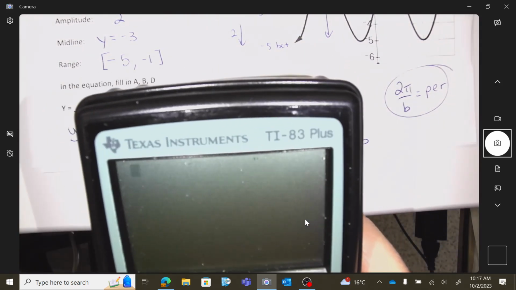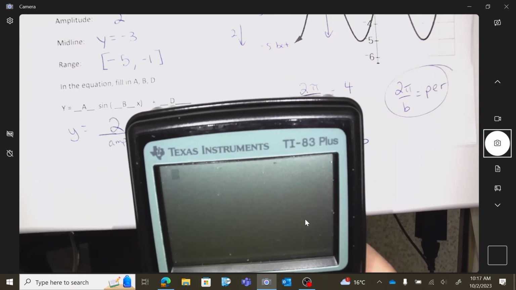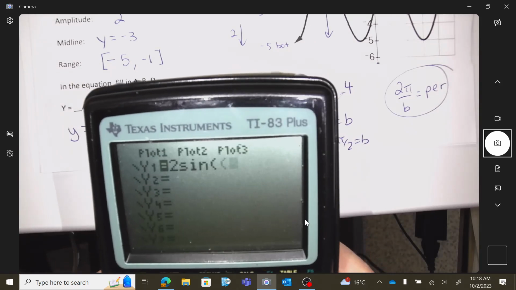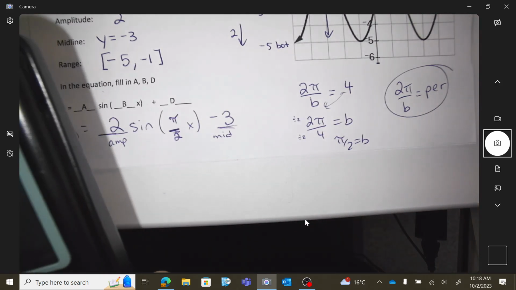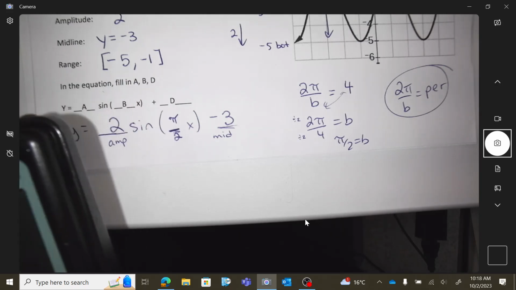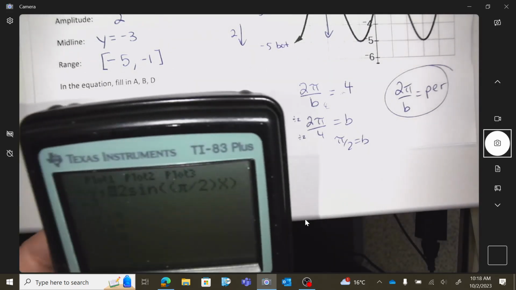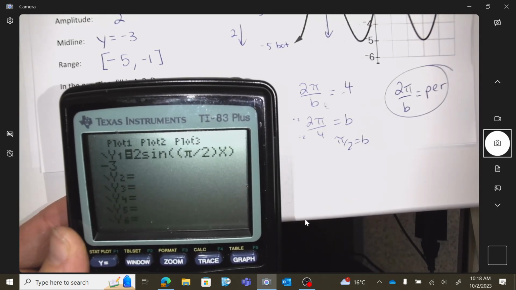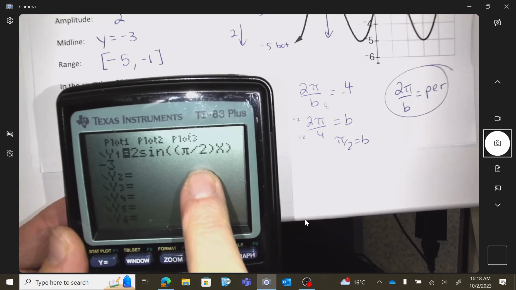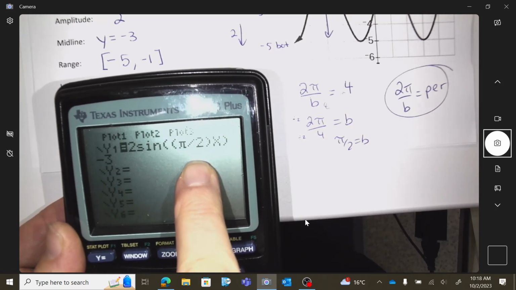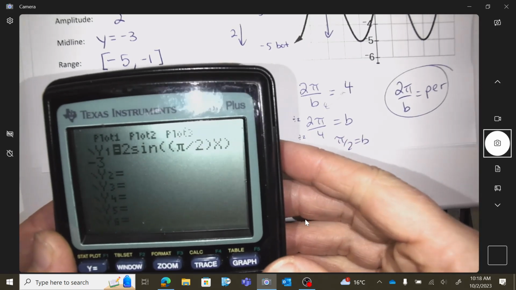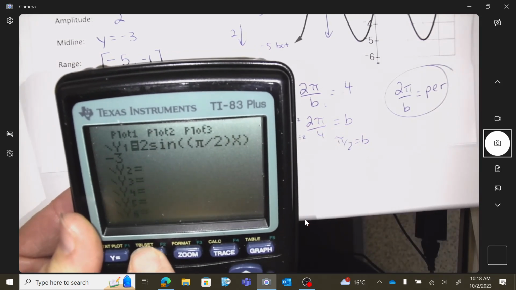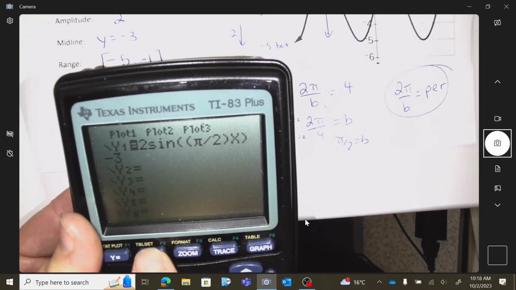Do you want a calculator? Okay. So y equals 2 sine, and then I think you're going to need brackets around the fraction there. If you could do the pi over 2 in a bracket. So then I actually ended up with a double bracket. And then we're going to check out our window.